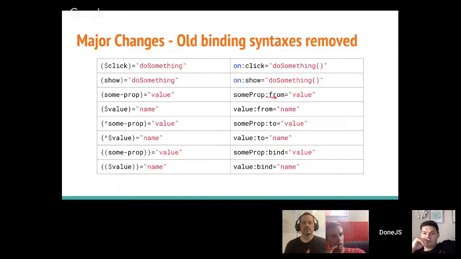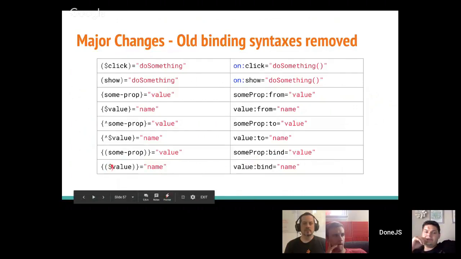Then to-child bindings use from, to-parent bindings use to, and two-way bindings use bind. There are no more dollar signs to differentiate between DOM elements and ViewModel. Like I said, it's camel case, with no special characters. All of these things are done automatically by the code mods for you.